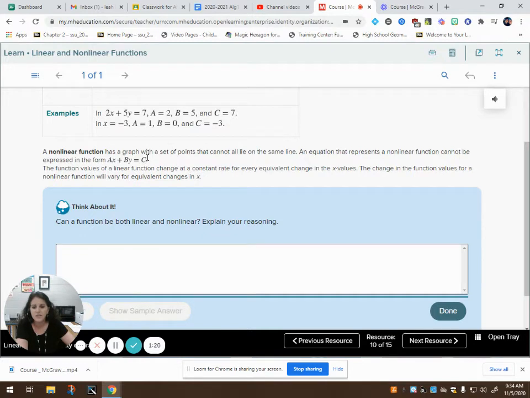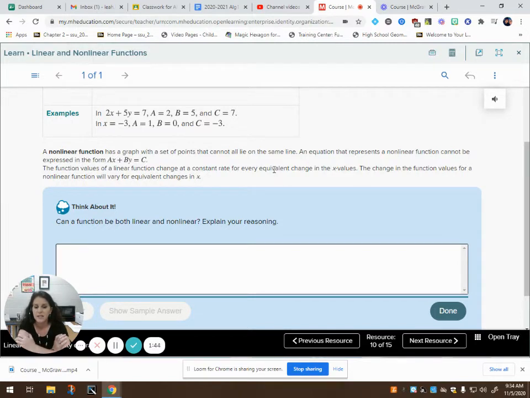So a nonlinear function has a graph with a set of points that do not all lie on the same line. Maybe they're on a curve or like a parabola. And if I think about the equation of a parabola, it's ax squared plus bx plus c. So there's that squared feature on the x term, which makes it not a linear function.